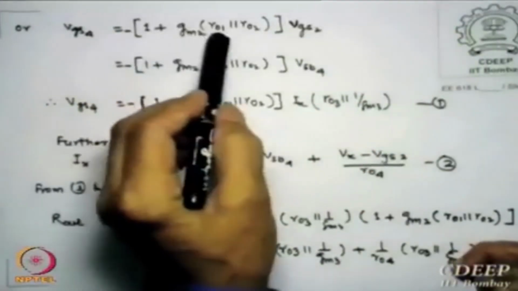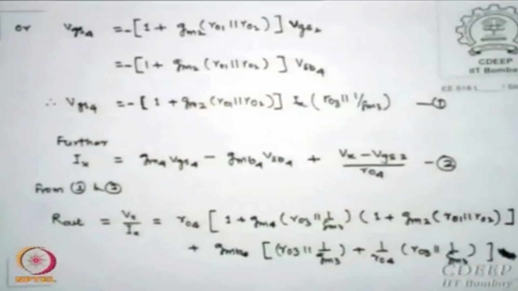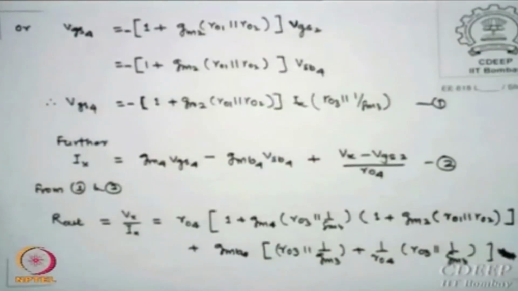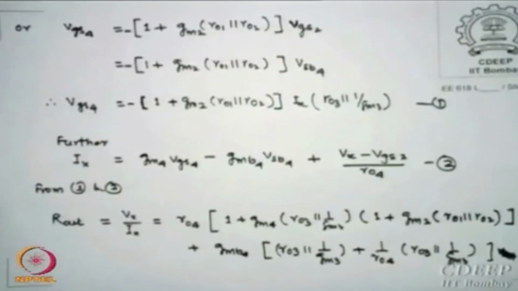So VGS4 is therefore equal to minus, I take the sign, (1 plus gm2 ro1 parallel ro2) into VGS2, just combine, nothing very serious. But VGS2 is VSB4, so I replace VGS2 by VSB4, and VSB4 I already calculated as Ix multiplied by ro3 parallel 1 upon gm3, so I substitute that here.